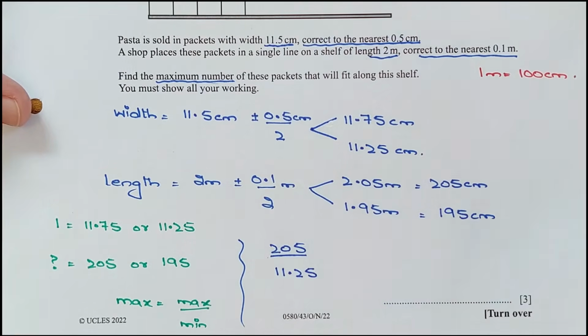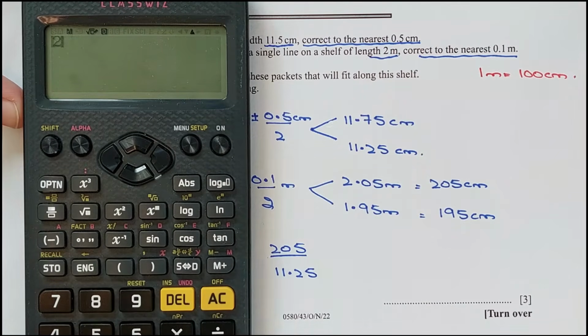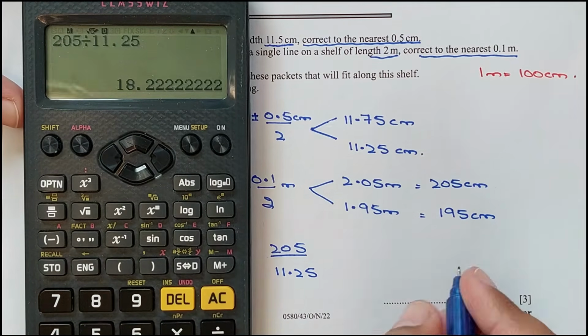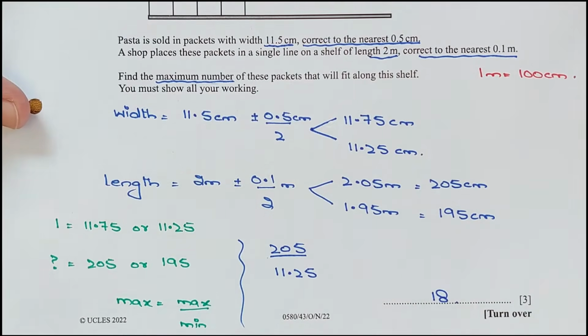These are in centimeters. Let me calculate this. 205 divided by 11.25 is 18.22, so the maximum is just 18. So we can say that 18 packets maximum will fit along this shelf.